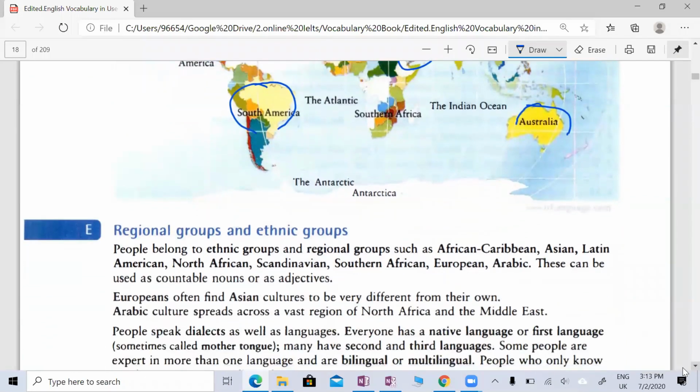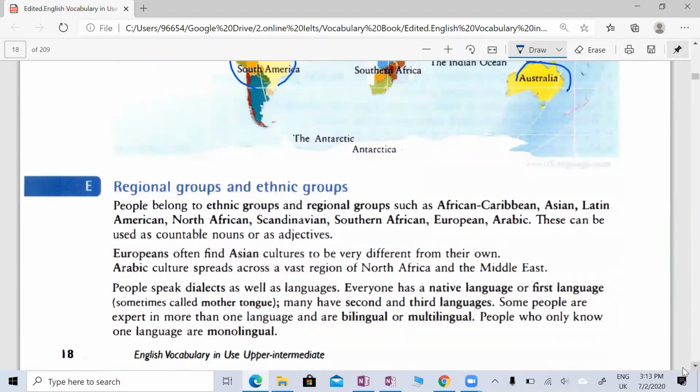Now when you talk about regional groups and ethnic groups, people belong to ethnic groups and regional groups such as African, Caribbean. I mean, when we describe someone's ethnic or regional background, which part of the world he or she belongs to.